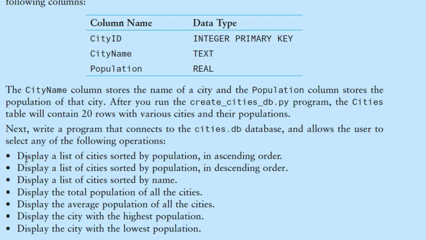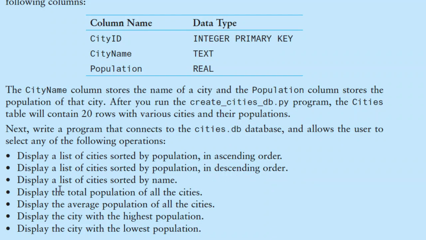So let's briefly go through the list of operations that the program is going to do. It's going to display a list of the cities sorted by population in ascending order. And then it will be able to display a list of the cities sorted by population in descending order.